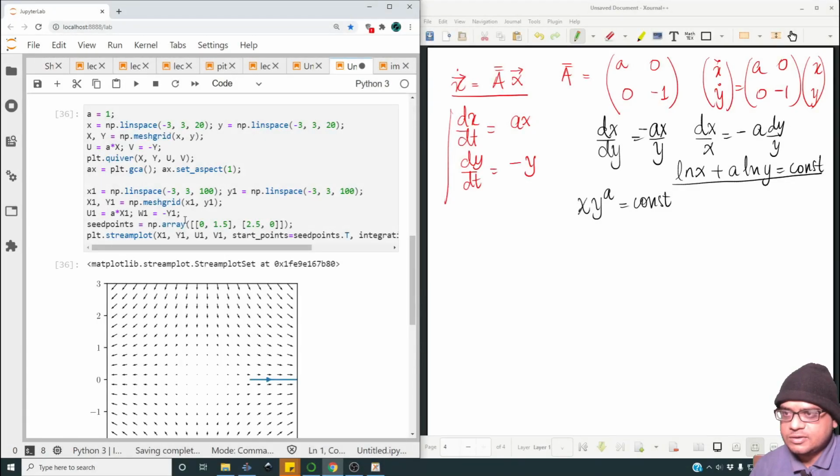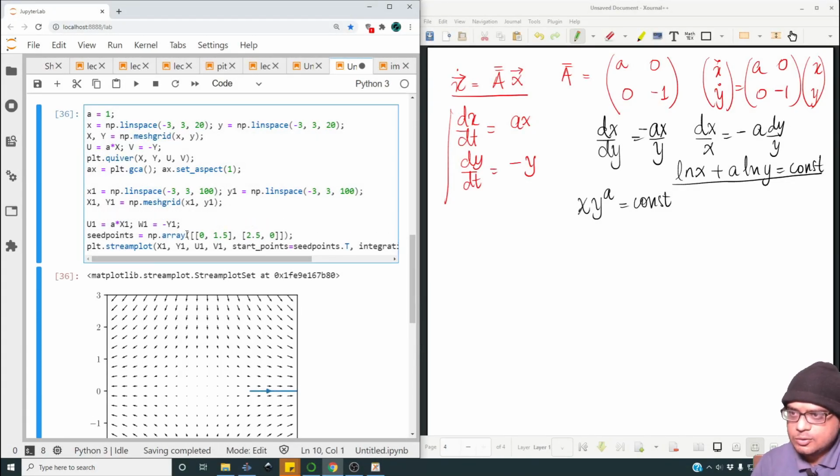But instead of having the stream plot, we can make use of the iso function that we have obtained over here. So we can define f equal to np dot log of np dot abs of x. And the reason why I use absolute is because we are taking a log, plus a times np dot log of np dot abs of y.